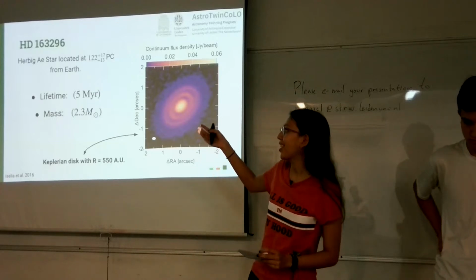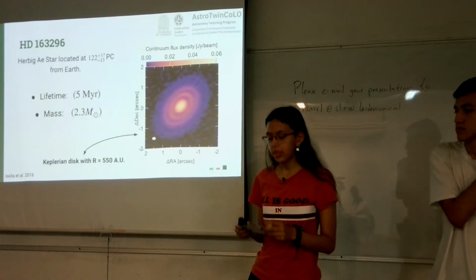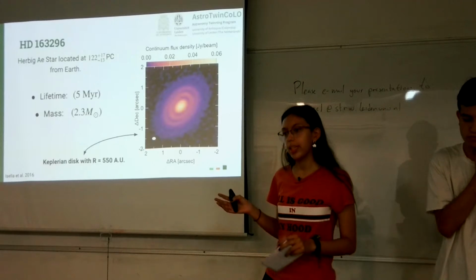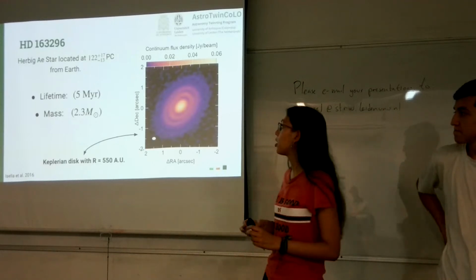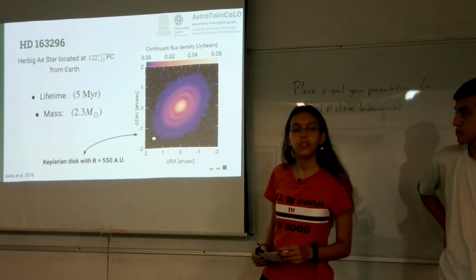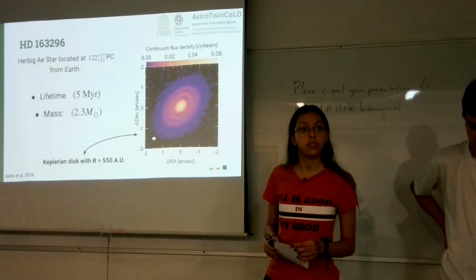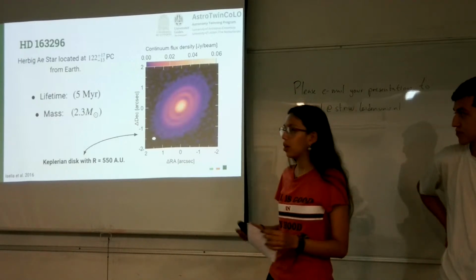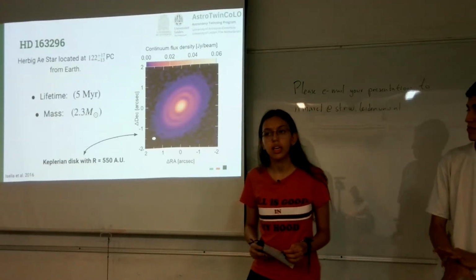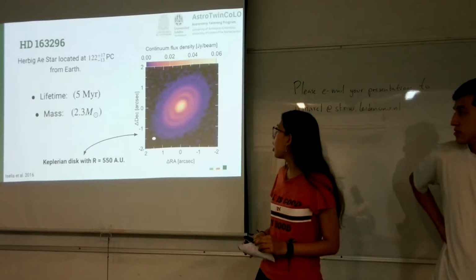A Herbig Ae star is a young star that has a spectral type A or B, but they are not on the main sequence already. So this star has a lifetime of 5 million years and a mass of 2.3 solar masses, and also has a Keplerian disk with a radius of 550 astronomical units.